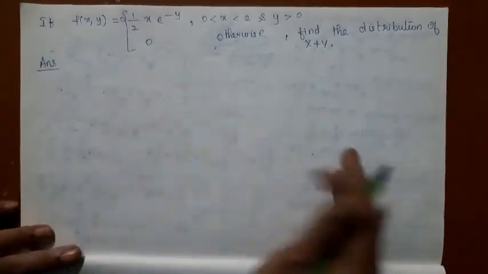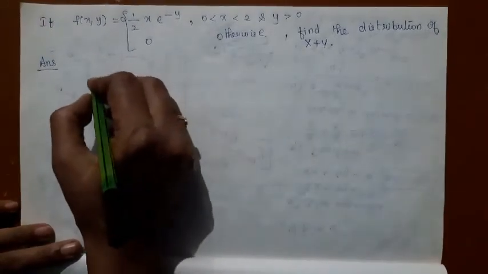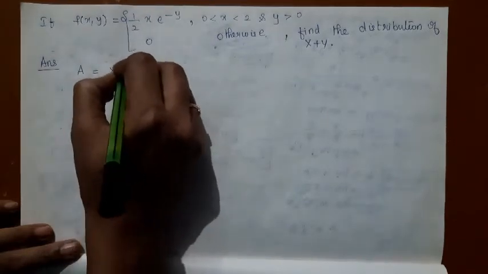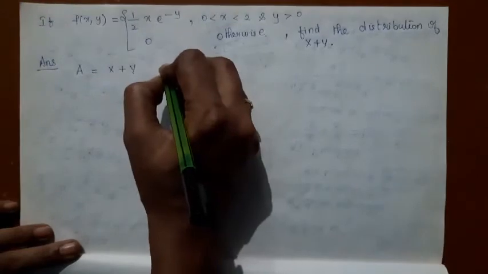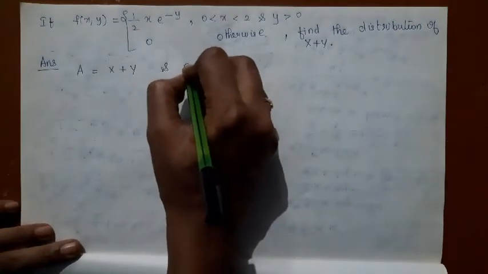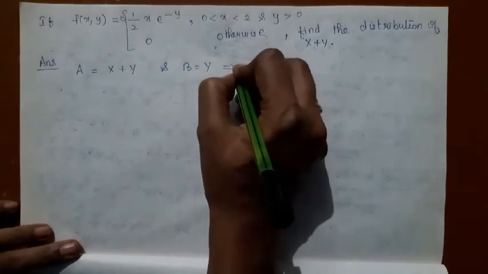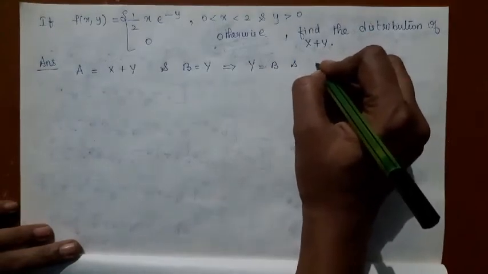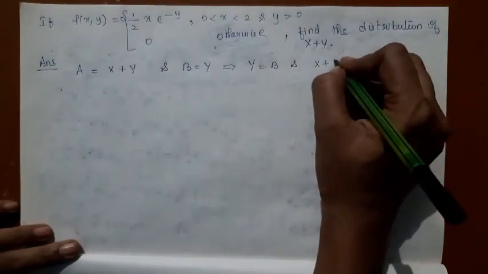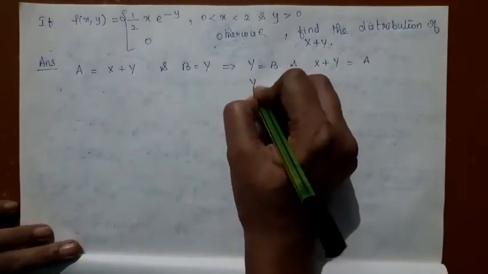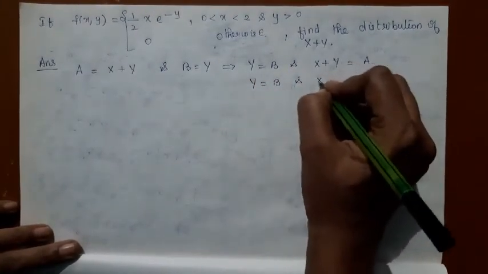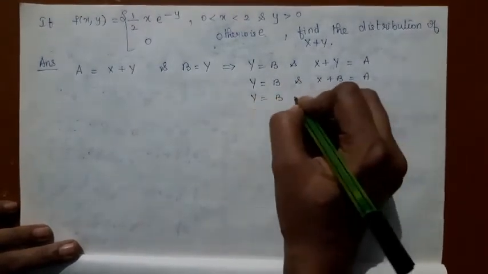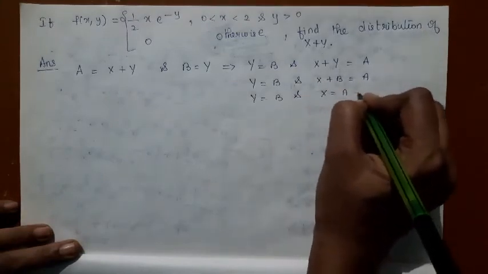We shall use transformation of random variables to do this, and let a be equal to x plus y and b be equal to y be the transformations, which implies y is equal to b, and x plus b is equal to a, so x is equal to a minus b.